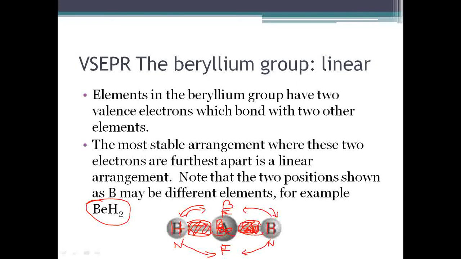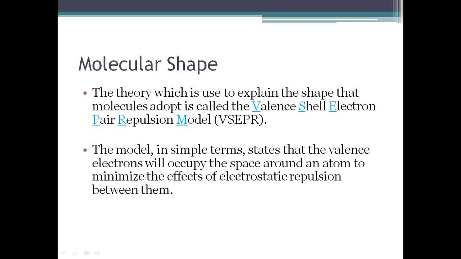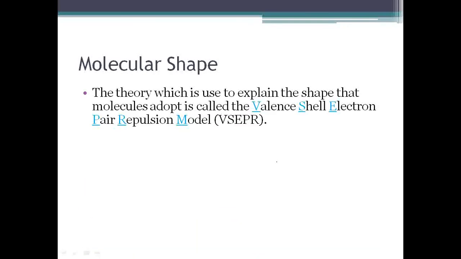Okay, so what does this mean? Well, it means that for this particular molecule, its most stable shape is going to be when the distance between these two electron clouds is at a maximum, and therefore that's going to be when it's linear. Go back to here. That's what all this means.